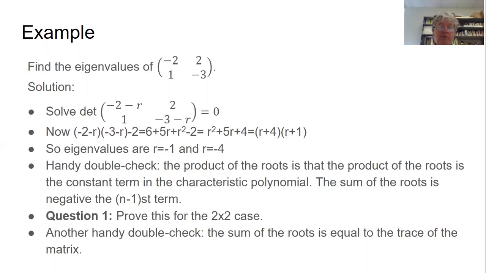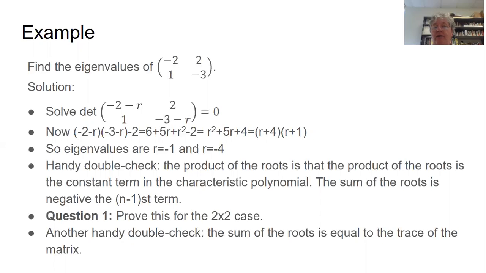Firstly, the product of the roots is always going to be the constant term of the characteristic polynomial, and the sum of the roots is negative the n minus first term, or if it's a quadratic, in the 2 by 2 case, it's the linear term.